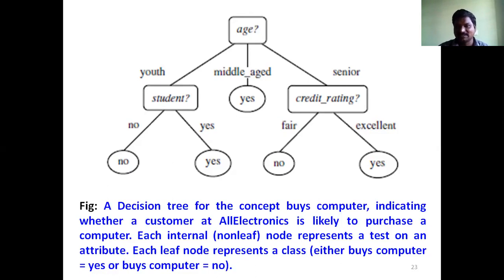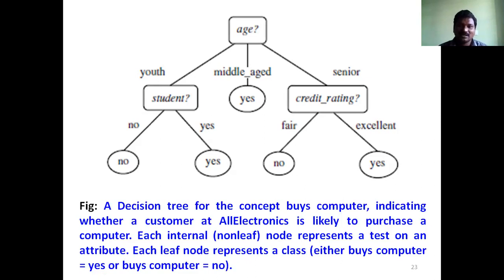Coming to the old age or senior person, who is in a retired stage, the decision is based on the credit rating. If the credit rating is fair, no, he cannot buy the computer. If the credit rating is excellent, yes, he will buy the computer. This is the way of representing it.